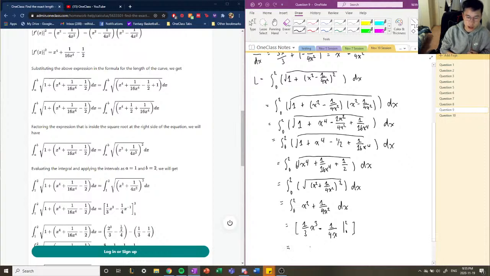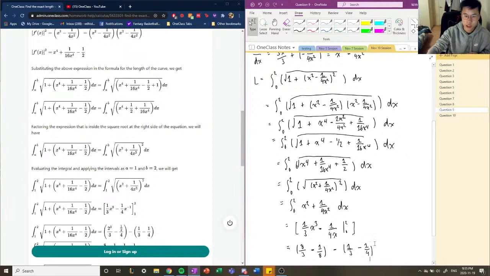Now we can calculate this definite integral, which is 8 over 3 minus 1 over 8, minus 1 over 3 minus 1 over 4.